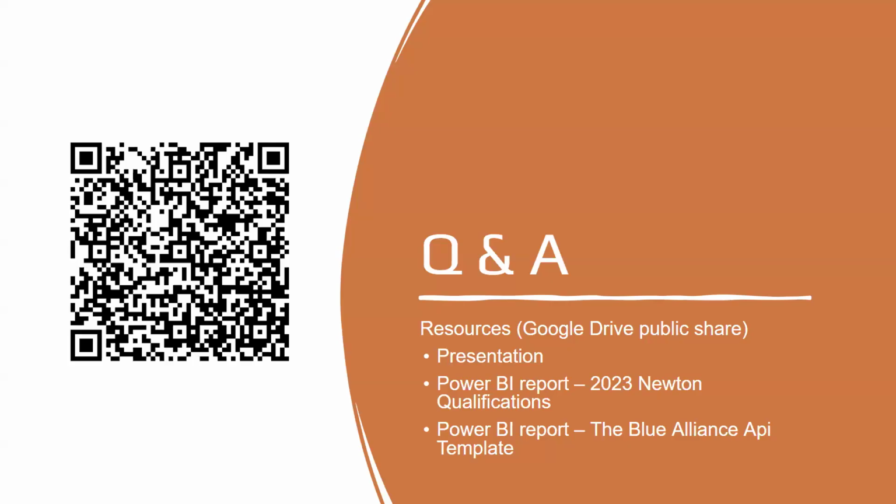Is EPA a quality metric of a robot's performance? The Blue Alliance has aggregate measures, and it's all based on alliance. It's implied, because The Blue Alliance gets field data, and field data doesn't know who scored what. It just knows a piece was scored.